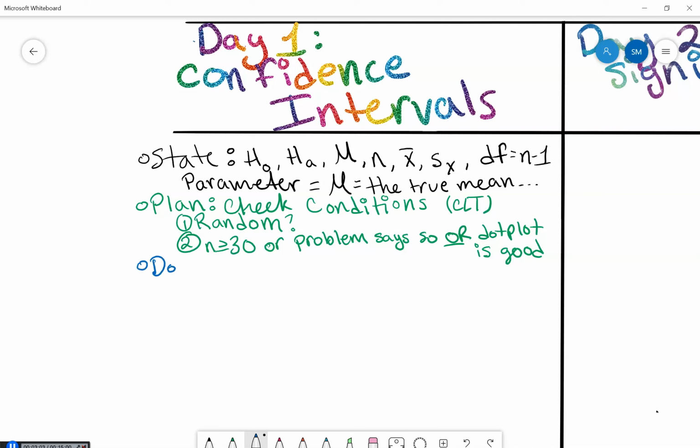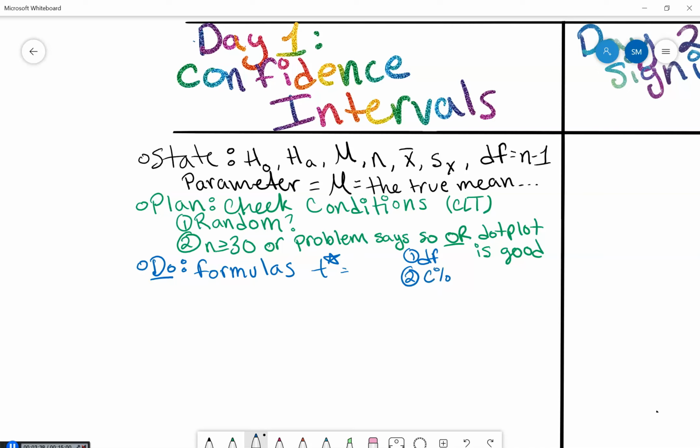The third step is where we actually do everything. Get it? Do, because that's what it's called. This is where we're going to be using the formulas. The first thing that we have to do is figure out what is T star. Using table B, we're going to need two sets of information. We're going to need the degree of freedom, and we're also going to need to know what is the confidence level.